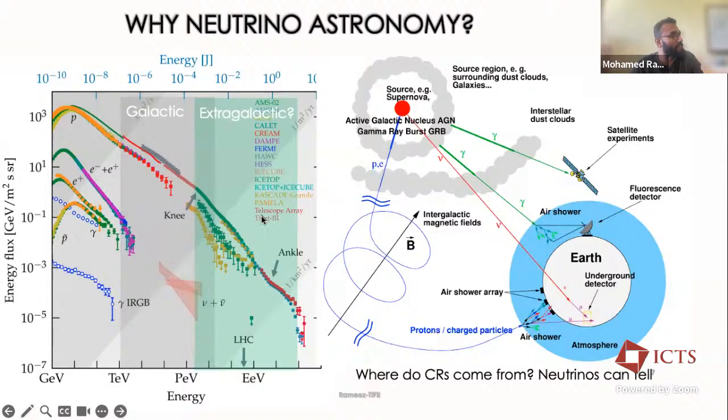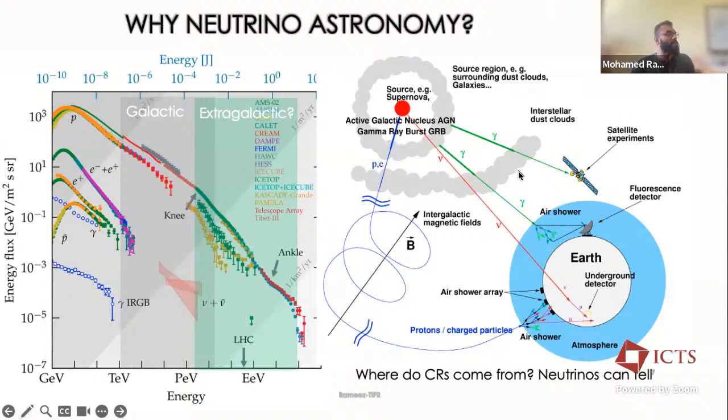And at the highest of energies, we believe nothing within our galaxy is able to accelerate cosmic rays to those energies. So we believe these energies must be originating outside the galaxy. And there is no direct evidence for any of these hypotheses. These are hypotheses based on carefully accounting for the energy budget involved in cosmic rays.